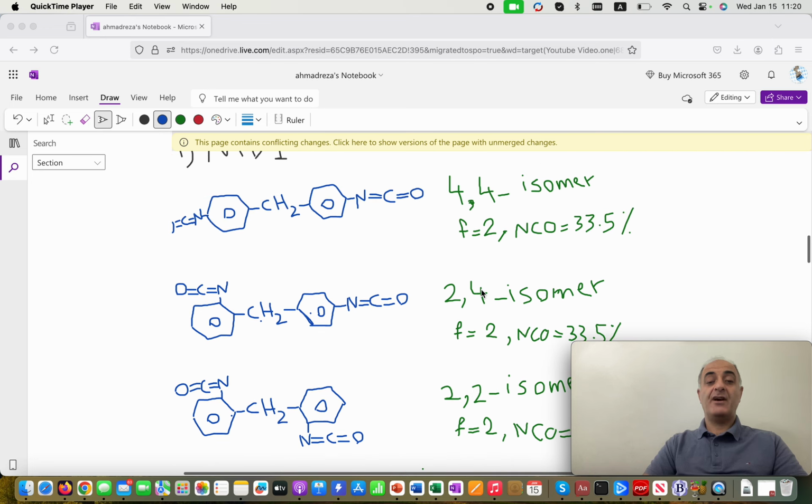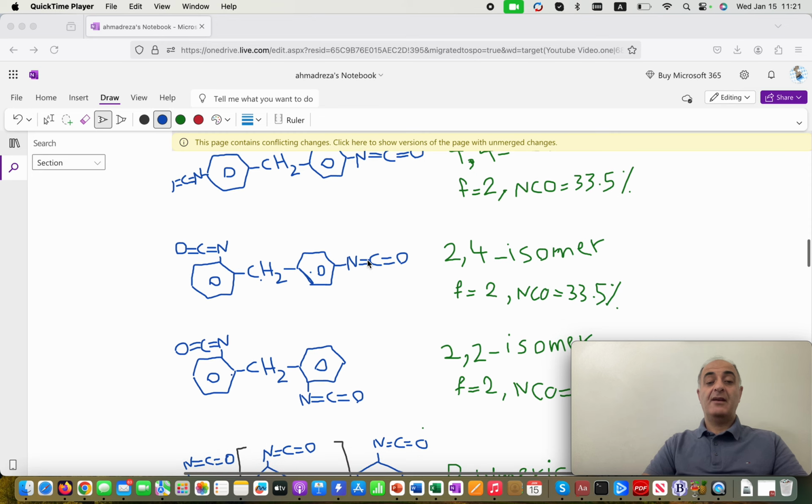In the 4,4 isomer, the NCO groups are located in the fourth position of the molecule. In the 2,4 isomer, one NCO is located in the second position and the other one is located in the fourth position of the molecule.